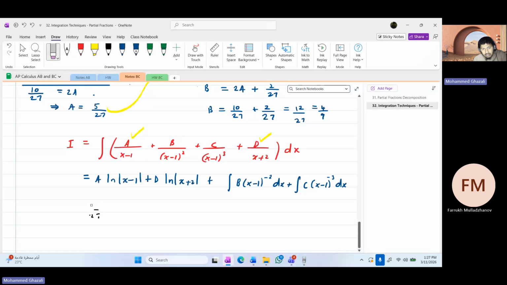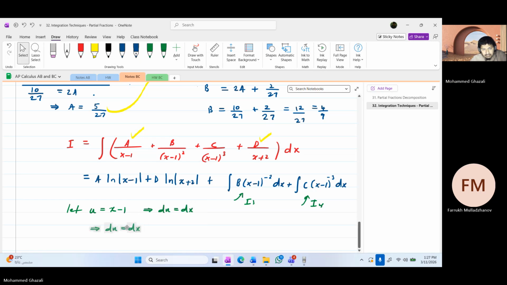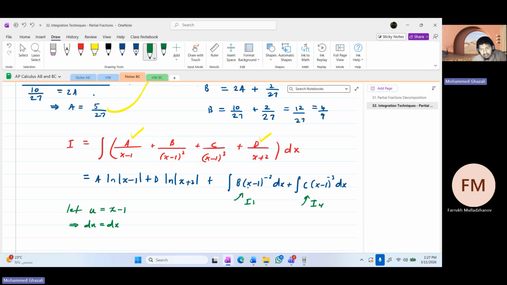Okay, wait. Now let me go and integrate the third and the fourth integral, all right? Call it integral I3 and integral I4. So we're going to say let u equal x minus 1. This implies du is equal to dx. So the integral I3 now becomes integral of b u to the power negative 2 du.